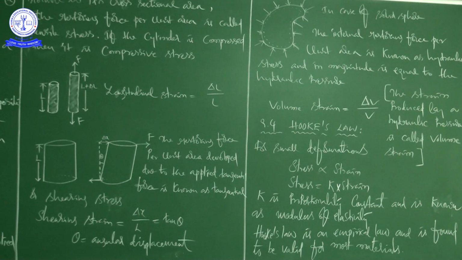We discussed longitudinal stress and longitudinal strain, then tangential or shearing stress and shearing strain, then hydraulic stress and volume strain. After that we continued with 9.4, Hooke's law. In our next class we will continue with 9.5, the stress strain curve. Thank you.